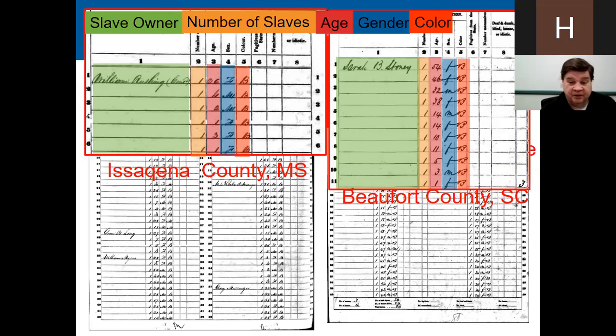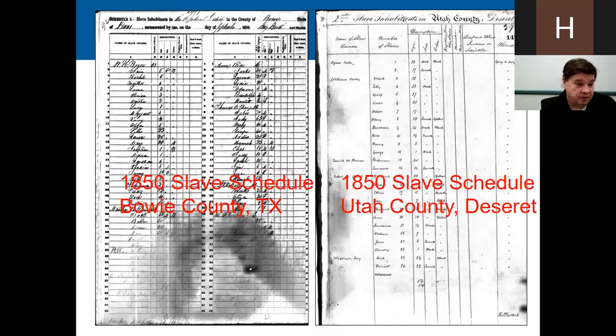Sometimes, depending on the number of enslaved people a particular slave owner possessed, it might be possible to identify individuals based on their ages and genders, but generally this is not the most useful record, unfortunately.